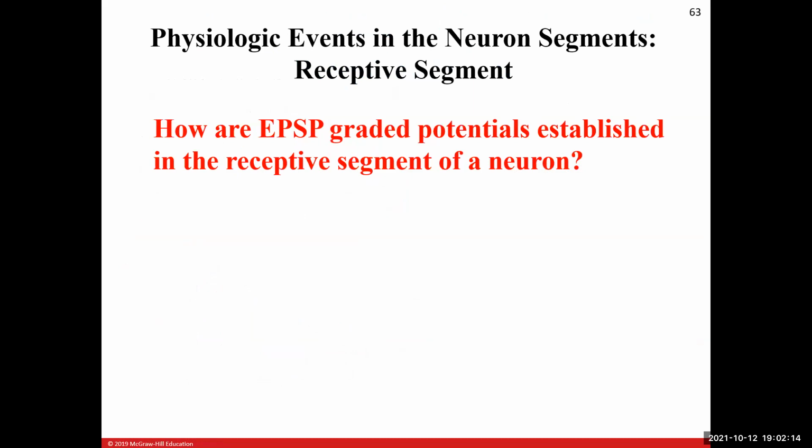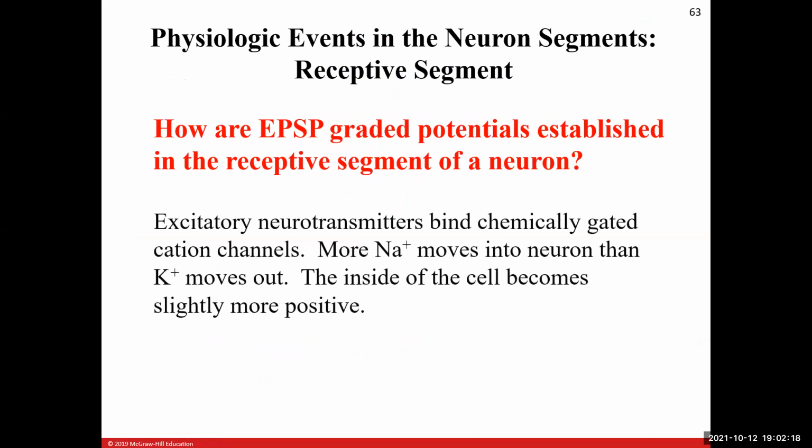So how are EPSP graded potentials established in the receptive segment of the neuron? We are going to depolarize the postsynaptic cell. To do that, we're going to use excitatory neurotransmitters. They're going to open up those chemically gated cation channels. Sodium flows in, potassium flows out, and as a result, we make the cell slightly more positive inside.